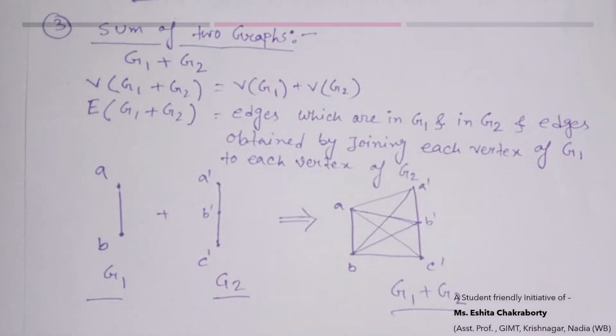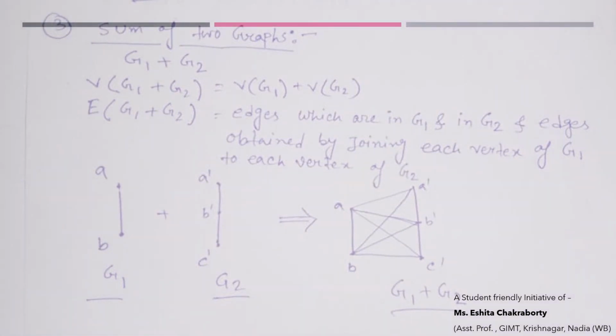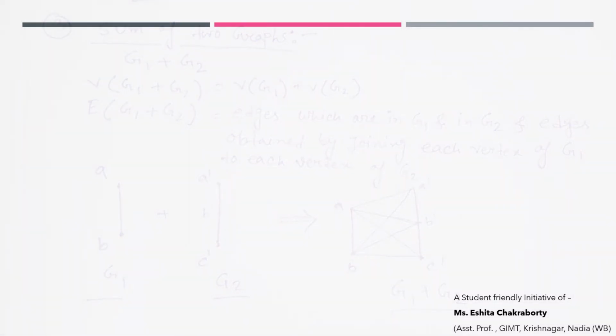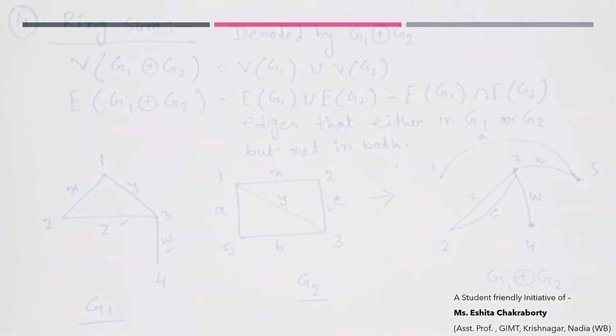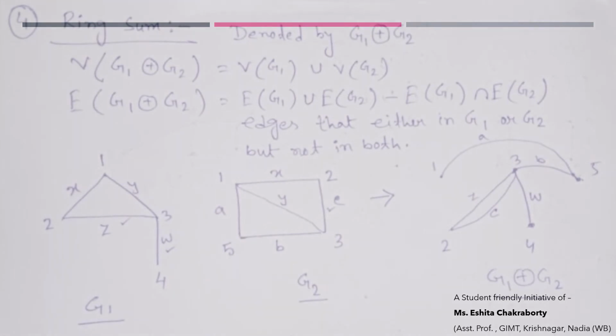Next operation is ring sum. Ring sum is denoted by G1 plus within a circle G2. Similarly, the vertex set is V(G1) union V(G2), and the edge set is E(G1) union E(G2) minus E(G1) intersection E(G2).